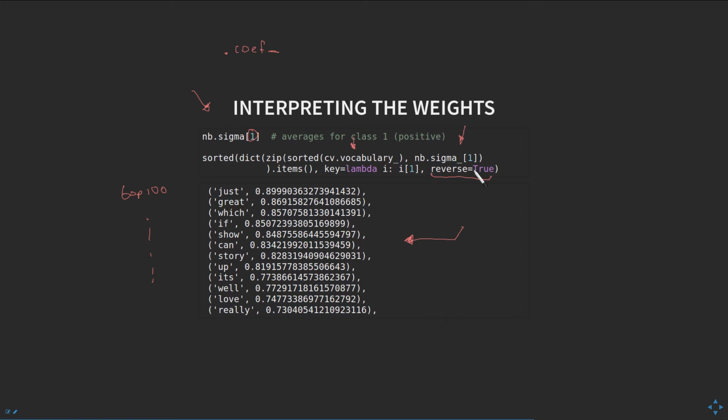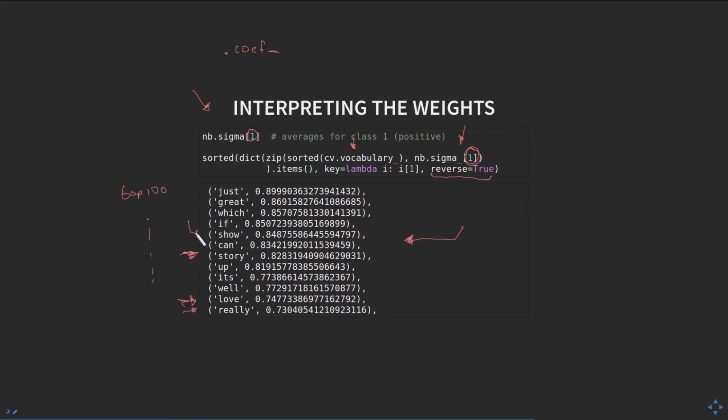So this also, just to note, this is the positive words, right? So 1. Okay, so let's see. We have love here. We have story. So these are apparently words that positively influence our classifications, right? Really. So some intensifier here.